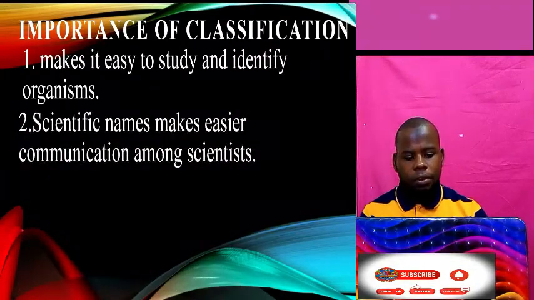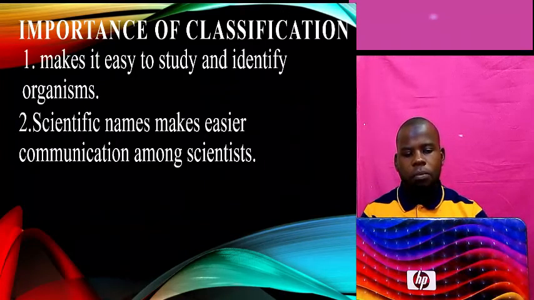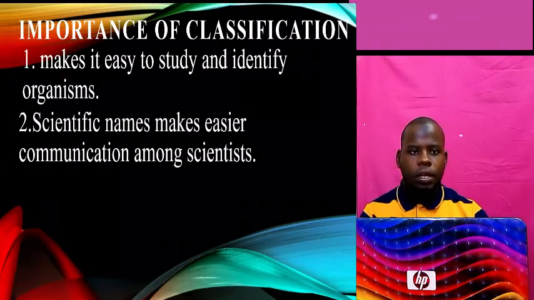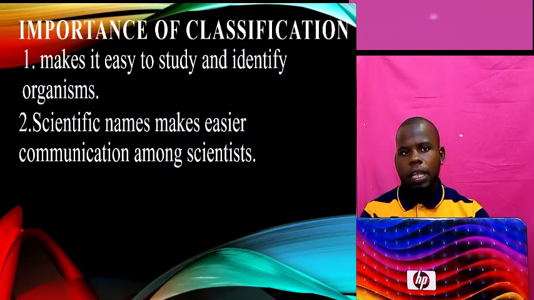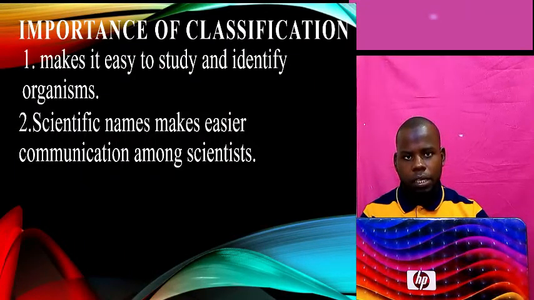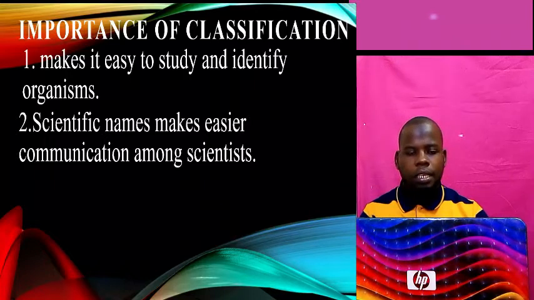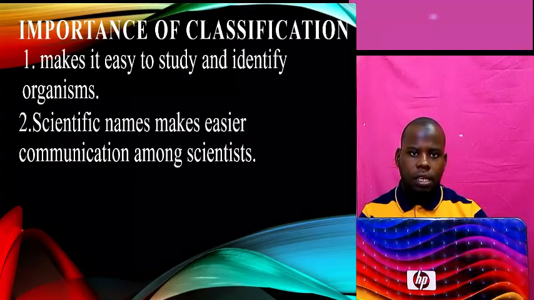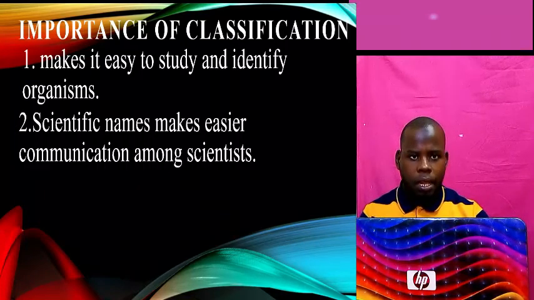And the second, scientific names make communication easier among scientists. For example, for a human being the scientific name is Homo sapiens, which is known by scientists all over the world. When you use other terminologies, you can confuse some scientists and create a communication barrier.